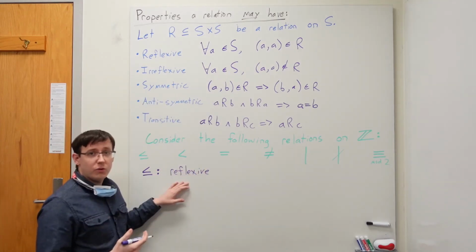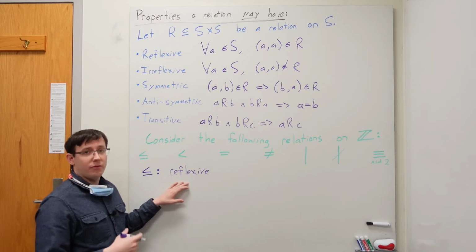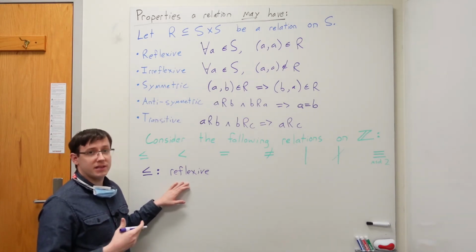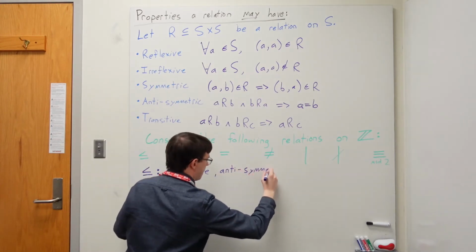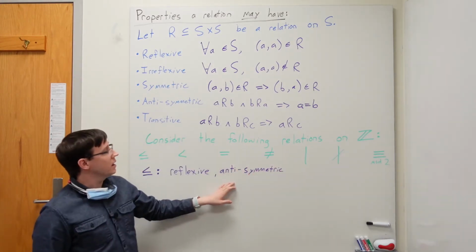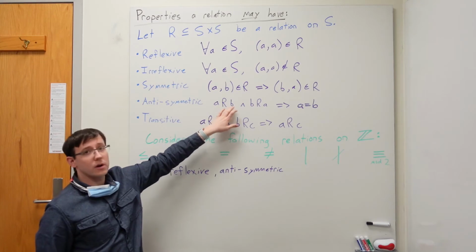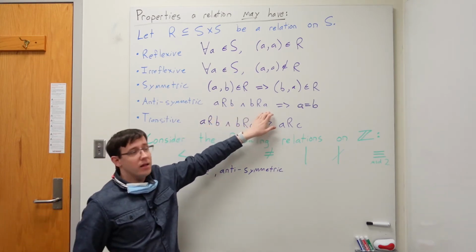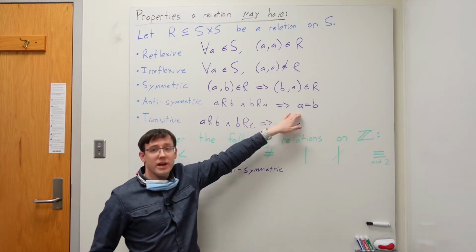The less than or equal to relation on the integers is reflexive because every integer is less than or equal to itself. It's antisymmetric because if A is less than or equal to B and B is less than or equal to A, then we can conclude that A and B are equal.